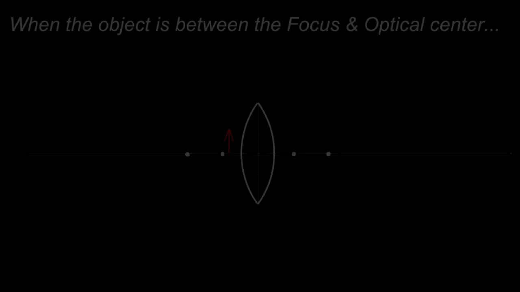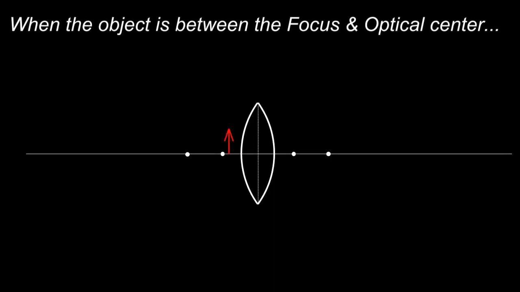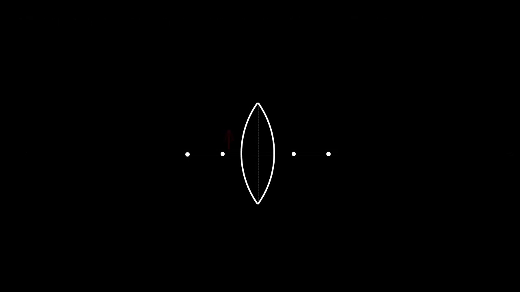When the object is placed between the focus and the lens, the first ray passes through the optical center and goes undeviated. The second ray is incident parallel to the principal axis and on refraction passes through the focus on the other side.